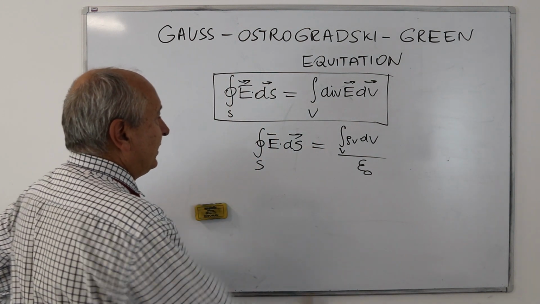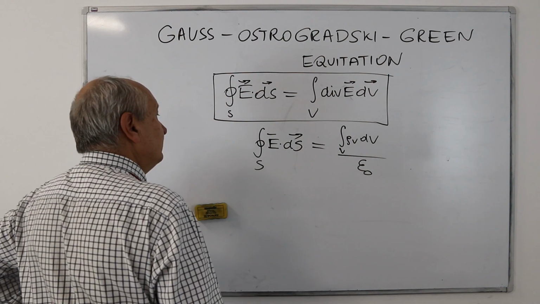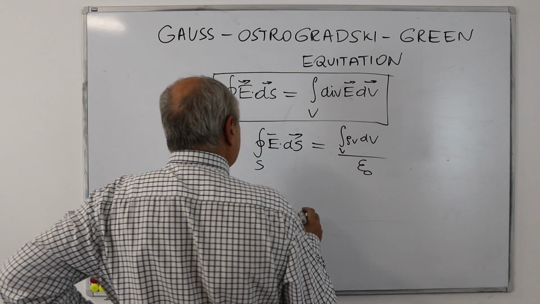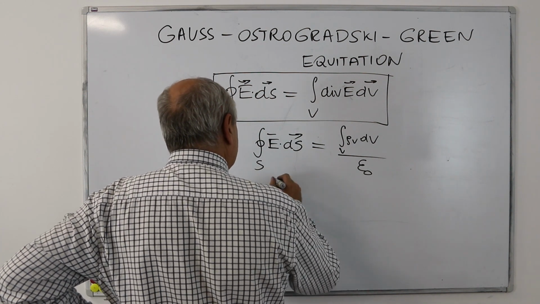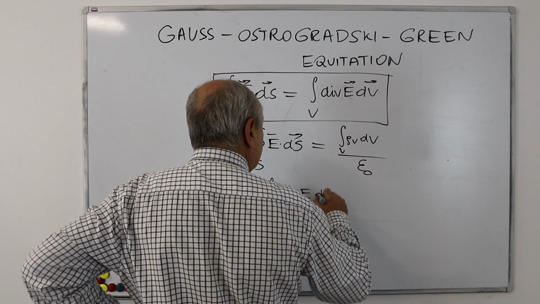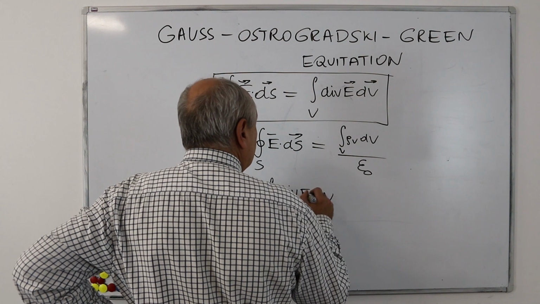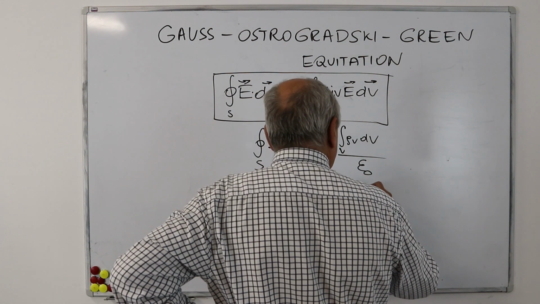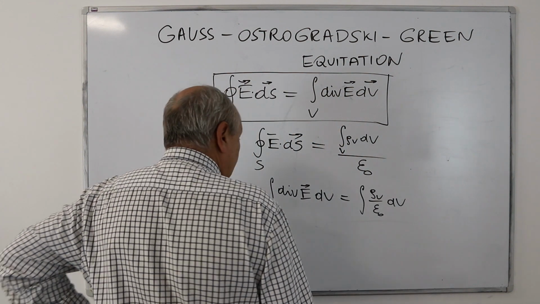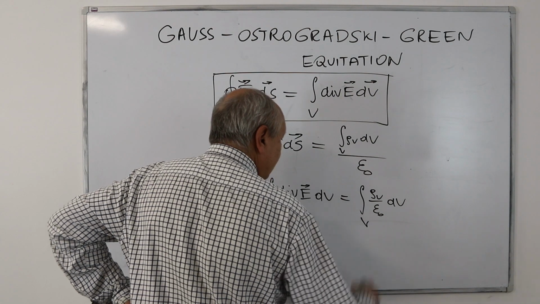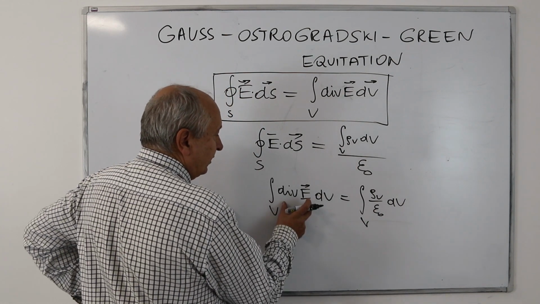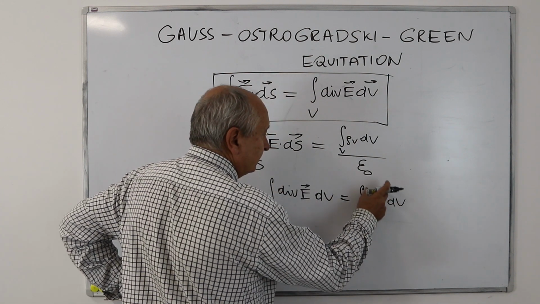And now we can apply to the left side of this integral form of Gauss law our Gauss-Ostrogradsky-Green equation. So we have on the left side the volume integral of divergence E dV, that is equal to the integral of rho v divided by epsilon 0 dV. And now when two integrals are equal, they are equal because the limits are the same. They are equal when this is equal to this.